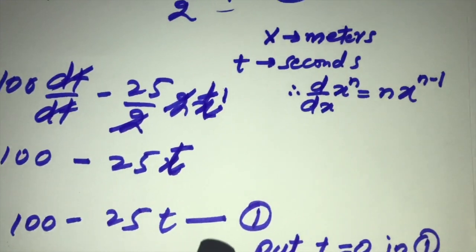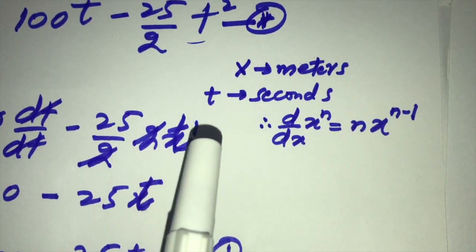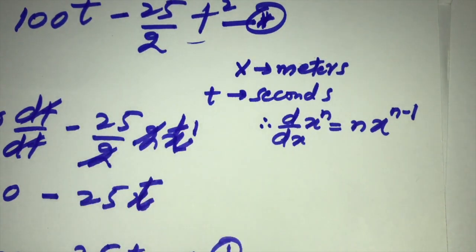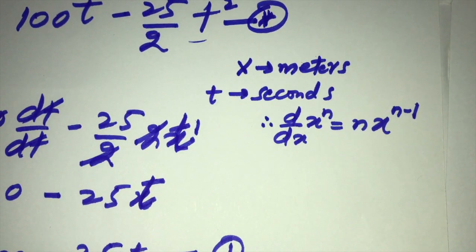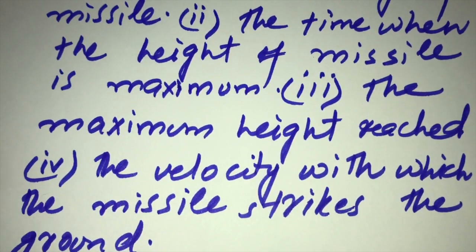As it is already given in the question that x is in meters and t is in seconds, the unit of the velocity must be meters per second. So now we are done with our first part.